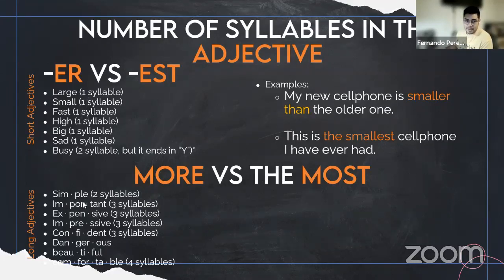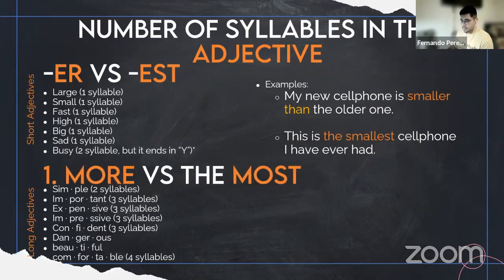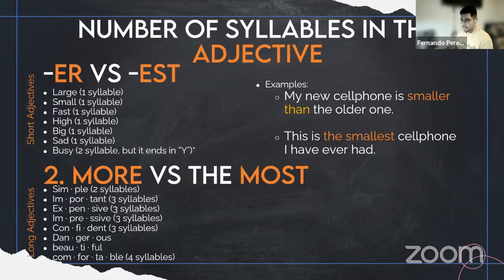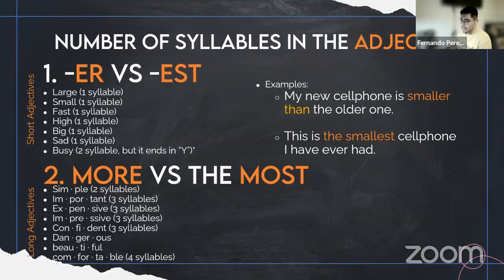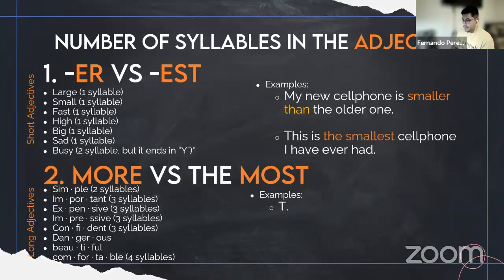And in this case, simple is 2 syllables, a long adjective, but it doesn't end in Y. So it enters the second category. Okay? Examples. This lesson is more simple than I thought.